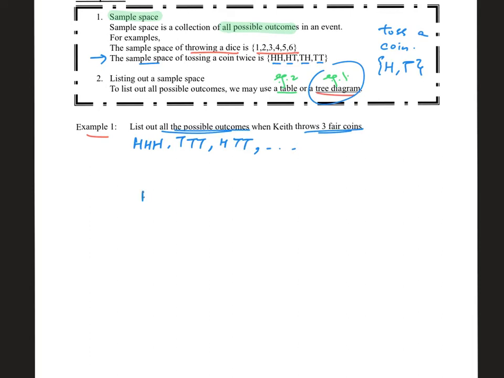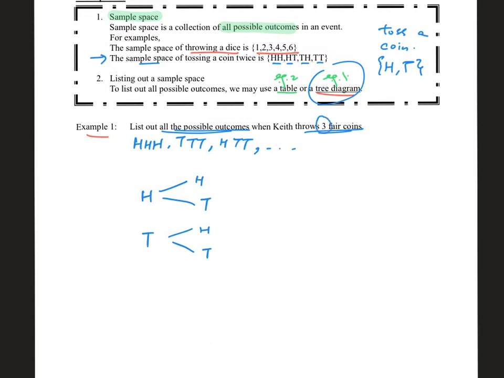It works by writing in this way. First of all, the first outcome can be head or tail. So we start by writing H and T respectively. After head, there may be 2 possible outcomes, so it may be head and tail again. In this case, you have 2 branches after the result of head in the first trial. Similarly, after the first tail, there may be head or tail as well.